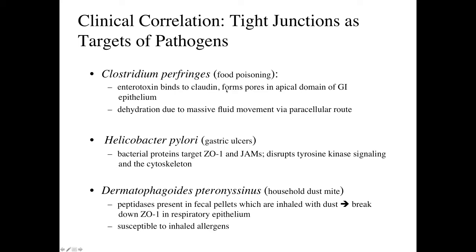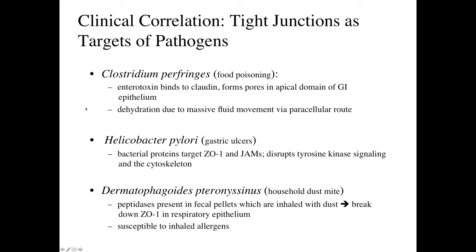That enterotoxin forms pores in the apical domain of the GI epithelium, and you get massive dehydration due to fluid loss in the paracellular movement. This enterotoxin makes the tight junctions very leaky. So you imagine a massive fluid loss, essentially a massive diarrhea.